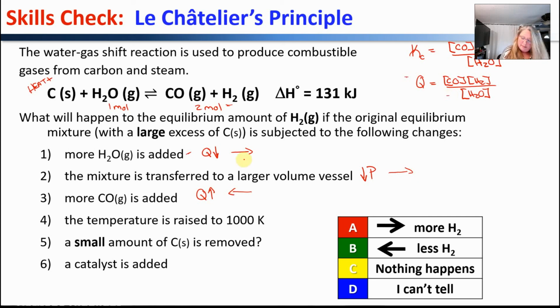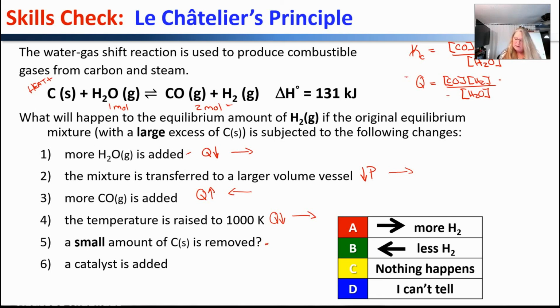Well, again, that would be decreasing. So Q would be decreasing, and that means my equilibrium would go to the right because it wants to get bigger. I need to make more of my carbon monoxide and hydrogen in order to get to K.